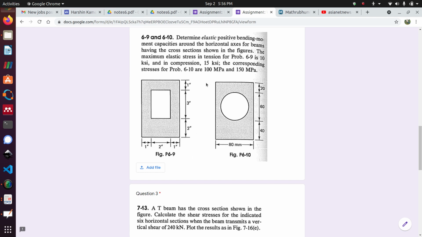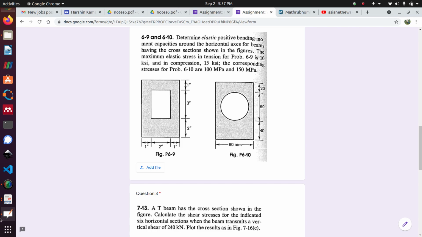And for 6.10, the maximum elastic stress in tension is 100 MPa, and the maximum elastic stress in compression is 150 MPa. So these are the given data. From that you have to calculate the elastic positive bending moment capacities. How much bending moment can be applied in these two sections.